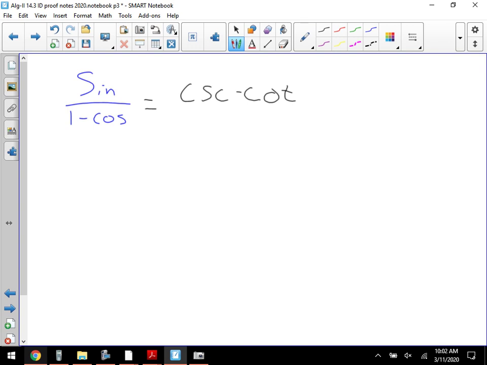So, plan A didn't work out so well, so I'm going to try another idea. The other idea here is sometimes you try out a conjugate. So if I try a conjugate, one plus cosine.